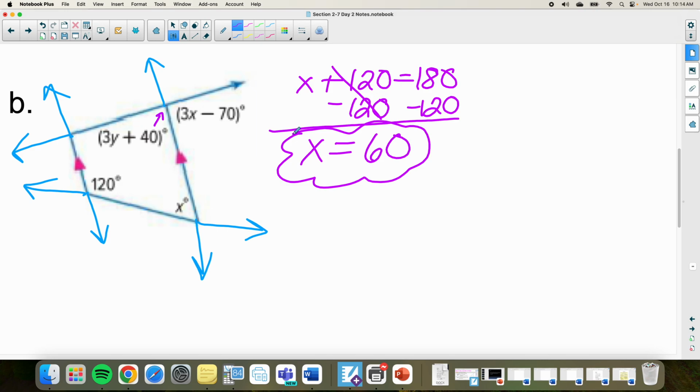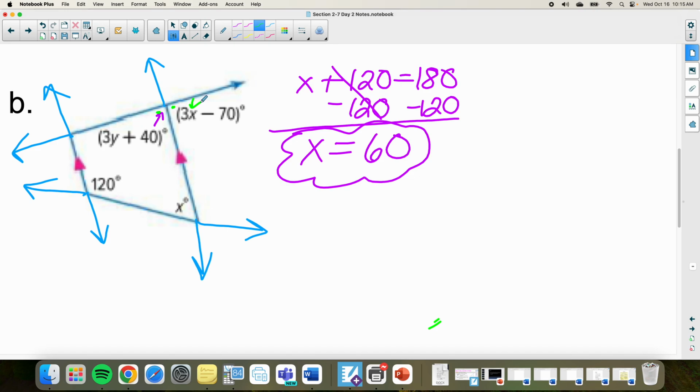Now, do we know something about these two angles? Don't these two form a line? So what should they be? Equal to 180. Could I put my x in here and find what that angle is?